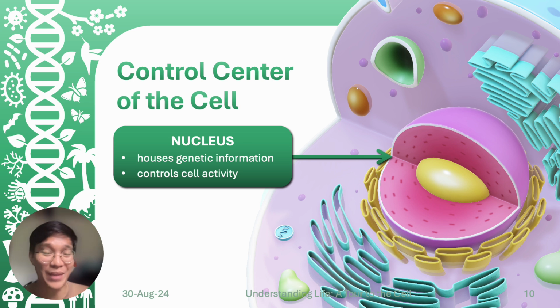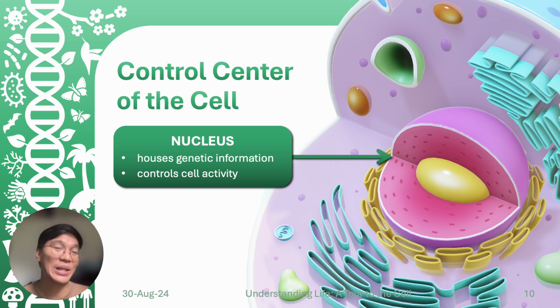Okay? At the same time, since the instructions inside the DNA are found inside your nucleus, the nucleus also has this special function of controlling all cellular activities. It will dictate what kind of structure the cell will have based on the messages found inside its DNA, right? And aside from structure, it will also dictate what kind of function it will have.